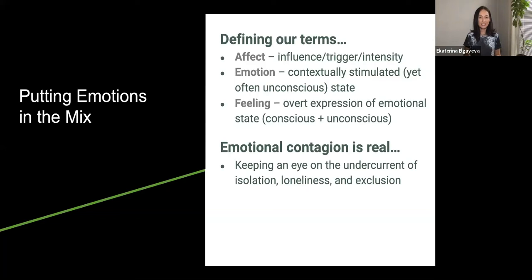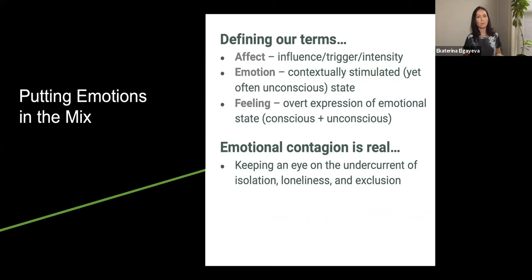Emotional contagion is real. We're living that right now. There are so many dynamics in our midst, right? You turn the television on and all of a sudden you're upset, right? And there are a lot of ways by which this comes across in relation to how our students see that within us. Now, the one thing I want to focus on, in light of some of the more recent events, as far as making sure that our courses are accessible and that there's a level of inclusion, is that we have to keep an eye on the emotional stuff that's happening behind the curtain.